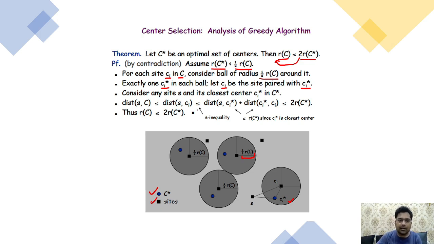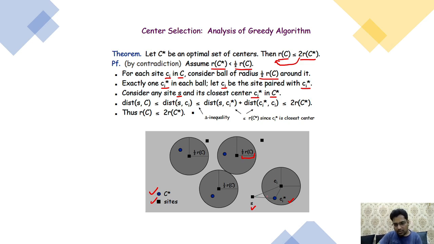Okay, next consider any site S here. How do we find the distance? It is closest to center Ci star in C star.